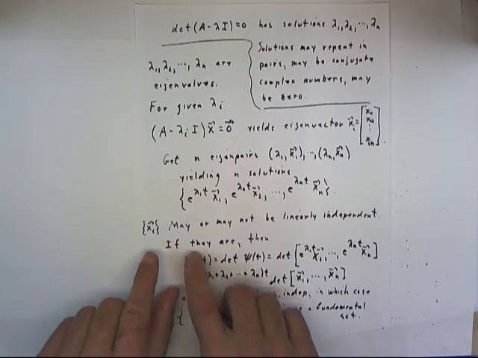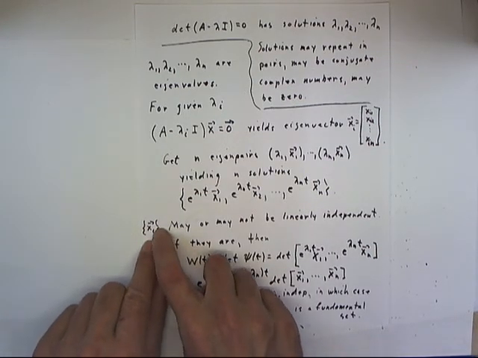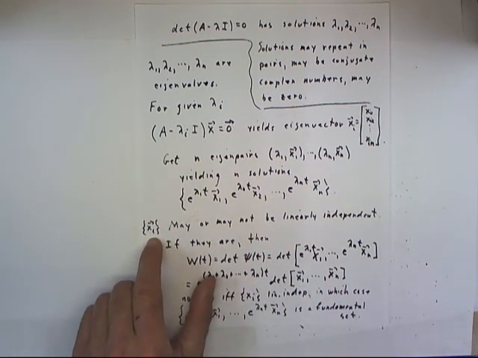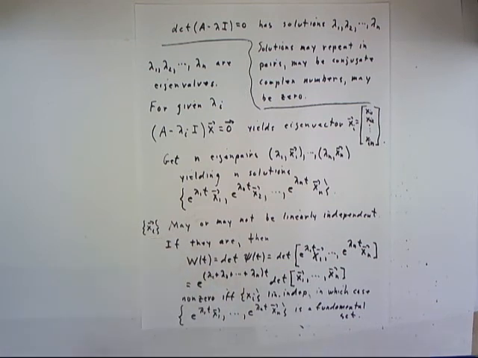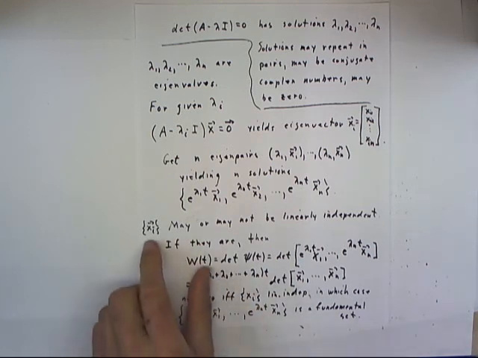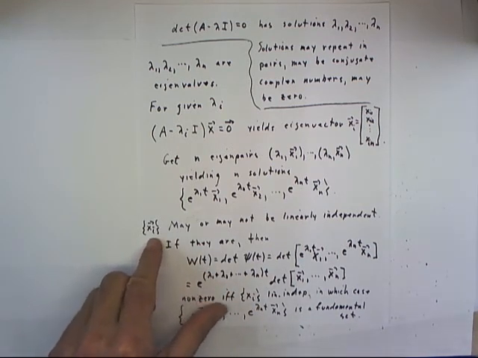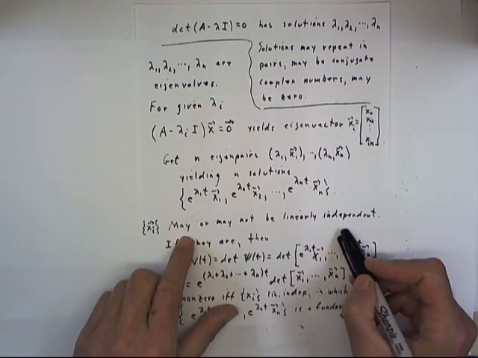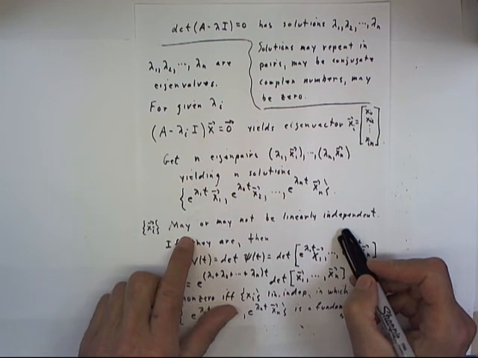Now, the set of vectors x sub i, and this set just stands for the set of vectors x1 through xn, where x sub i is just an arbitrary vector in this set. This set may or may not be linearly independent.